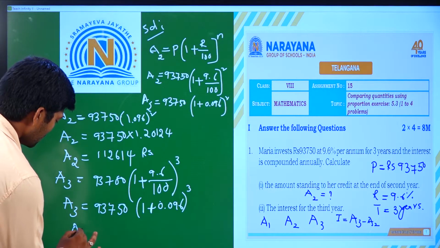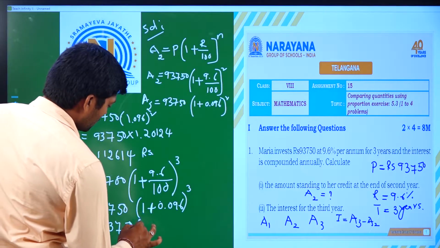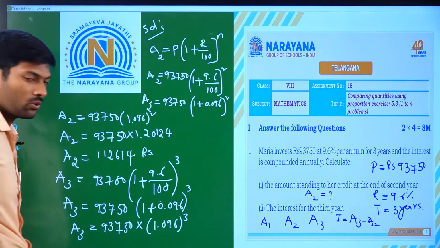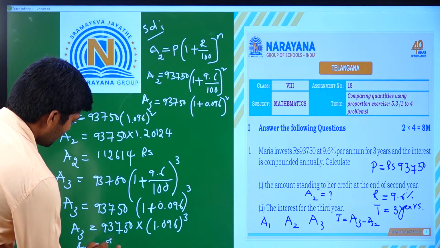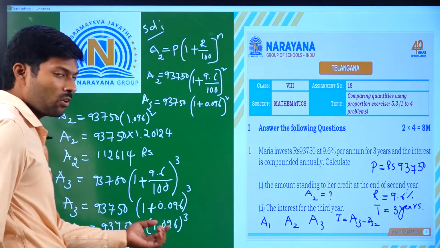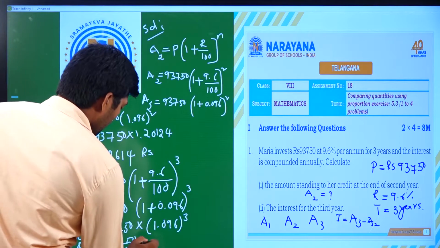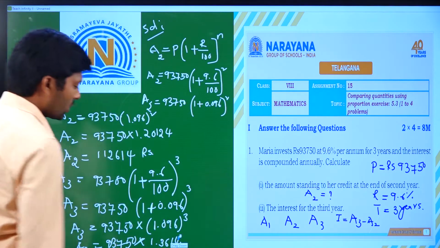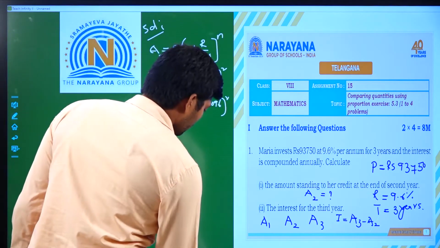So A3 is equal to 93,750 into 1.096 whole cube, that is 93,750 into the cube of 1.096. This can be taken as 1.3614. So the product of these two is what?